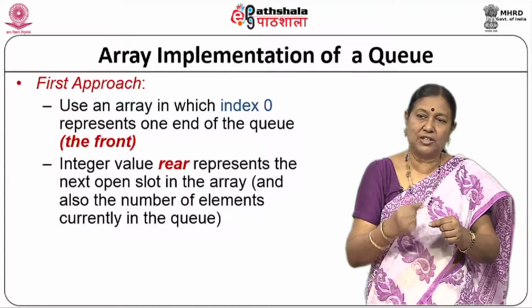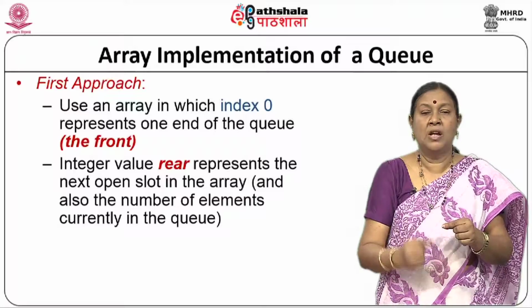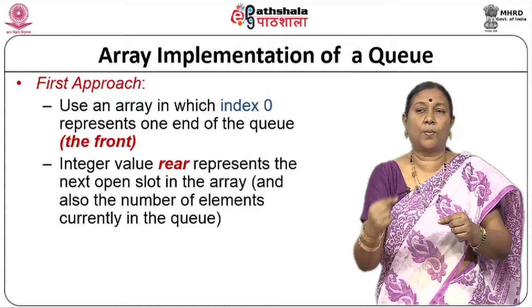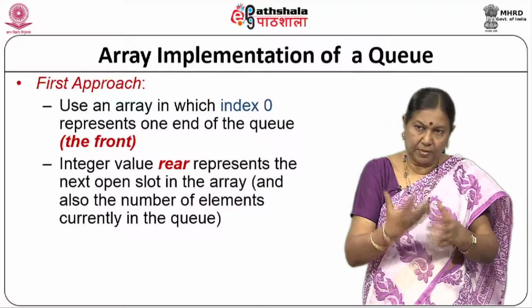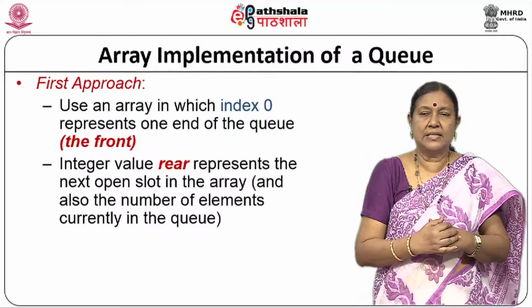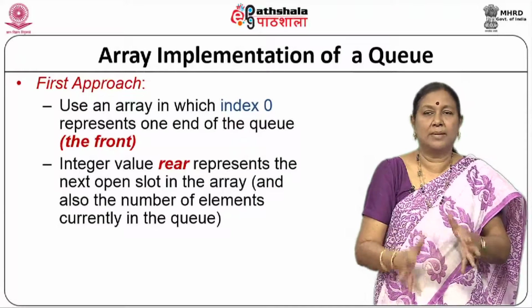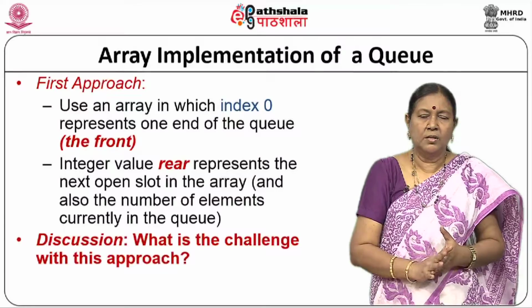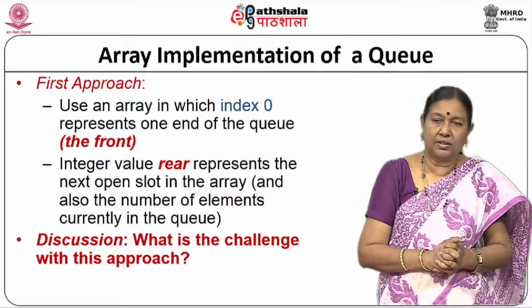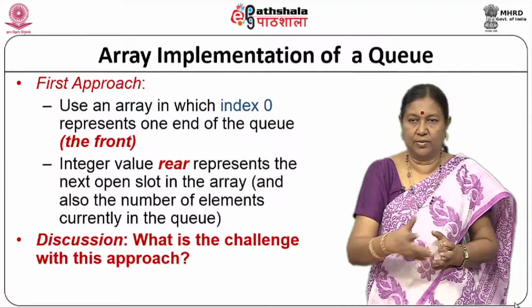That means it is not actually pointing to the last element in the queue, but it is pointing to the next open slot in the queue. In this way, the rear will give you the number of elements in the queue, because of the 0 starting of the array, of course. What is the challenge in this approach is what we will also be discussing as we go along.